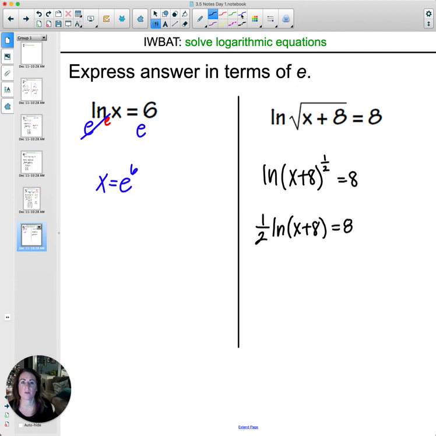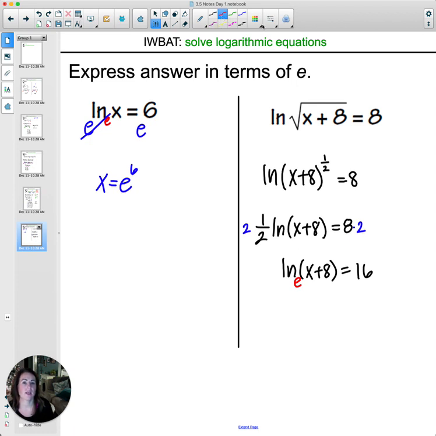Then you can multiply both sides by 2 to get rid of it, so that you isolate that natural log. So 8 times 2 is 16.